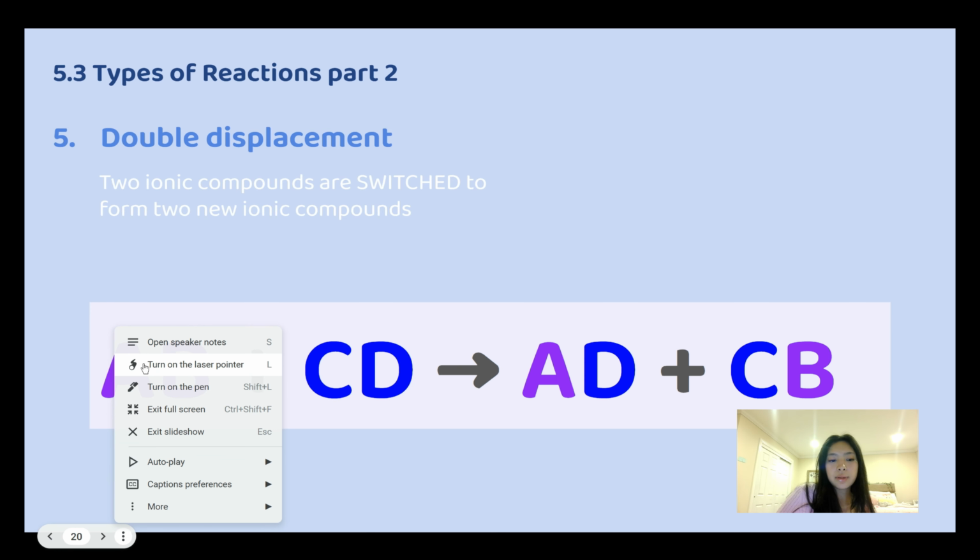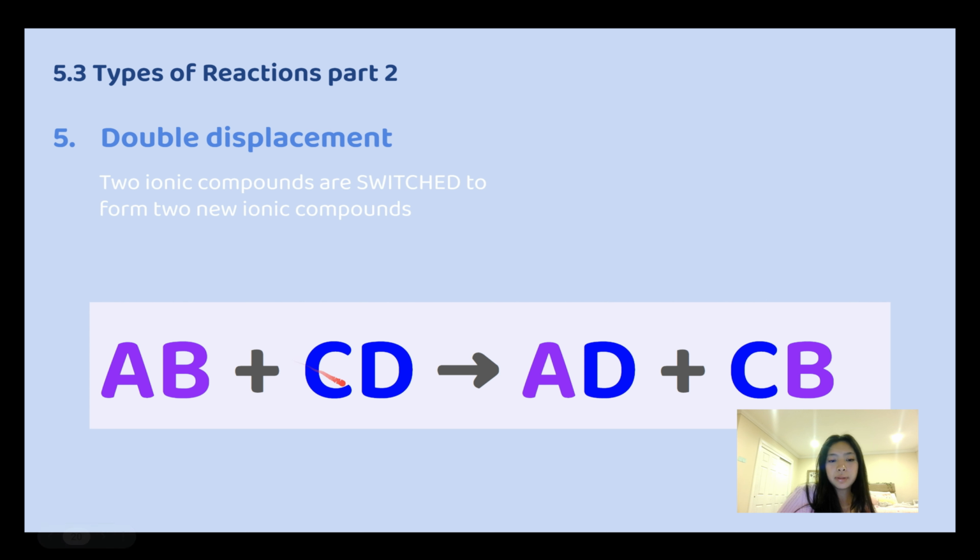Essentially, AB plus CD will equal AD plus CB. A and C are the metals, and B and D are the nonmetals. The metal will displace the other metal, so that you're given a nonmetal and metal bond.